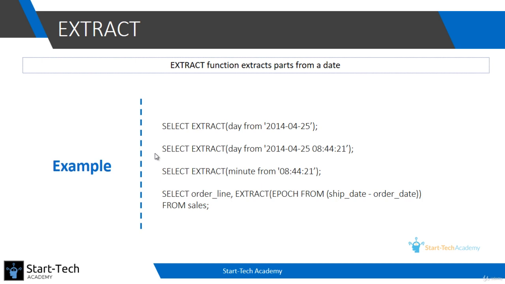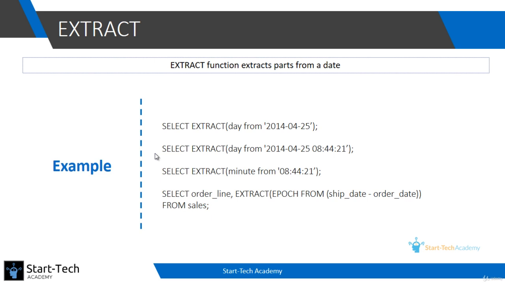So when we select order line and extract epoch from ship date minus order date, what will this give me? Ship date minus order date will give me the difference of these two dates. If I do epoch now on this date, I'll get the difference between these two dates in seconds.